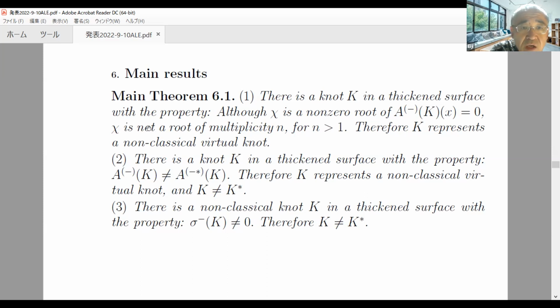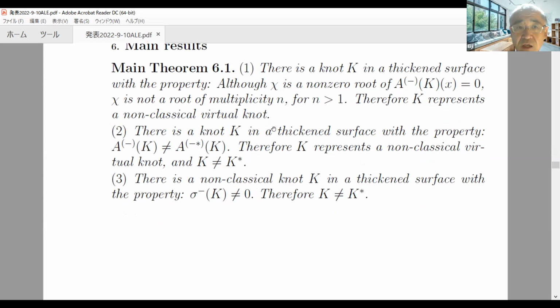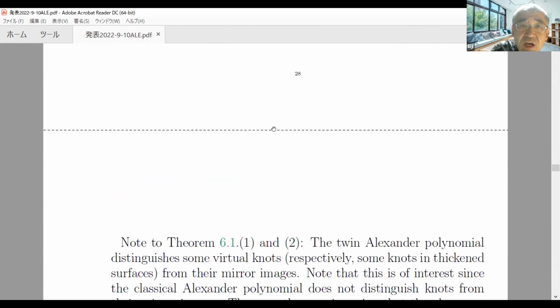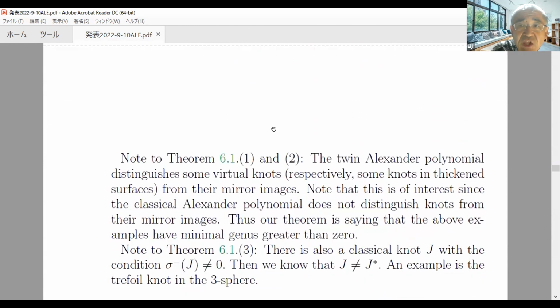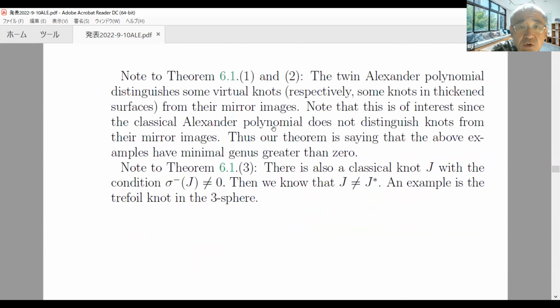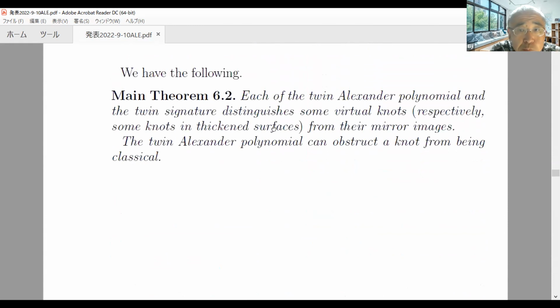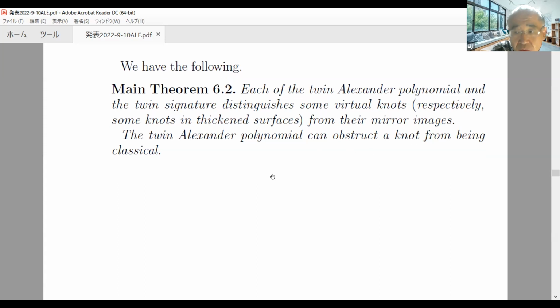Multiplicity is not 2. It means twin Alexander polynomials are invariant, mirror sensitive, and can be an obstruction to being classical. The twin Alexander polynomial and twin signature distinguish some virtual knots from their mirror images and can obstruct a knot from being classical.